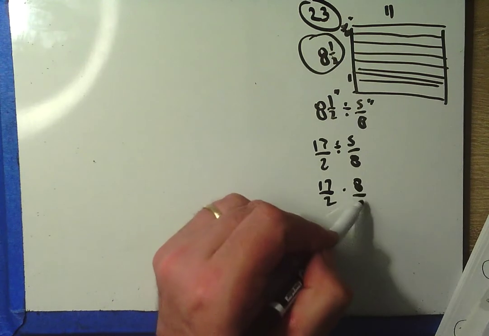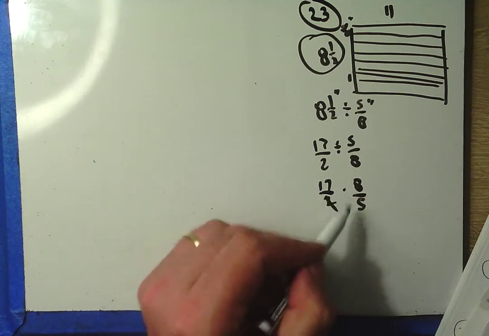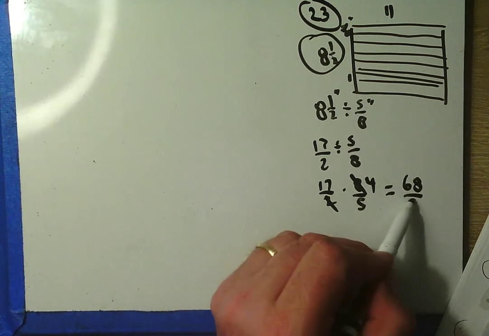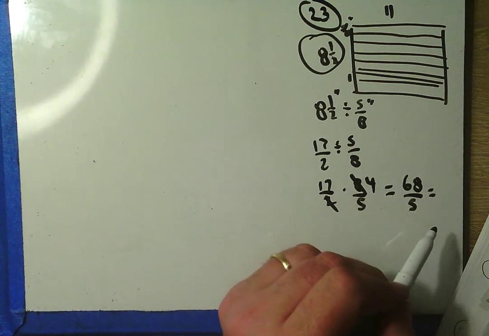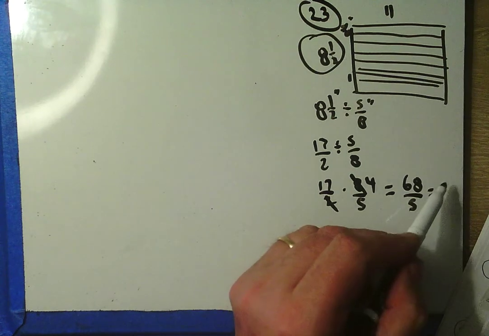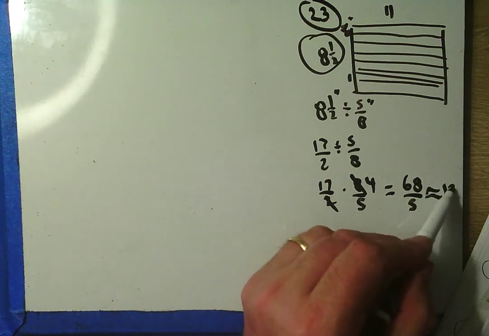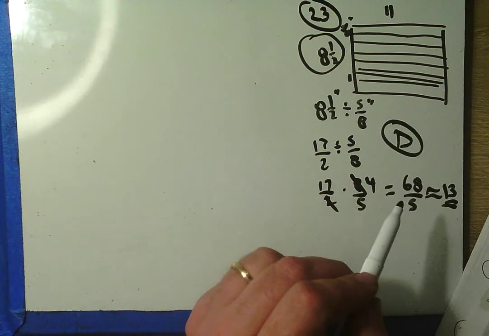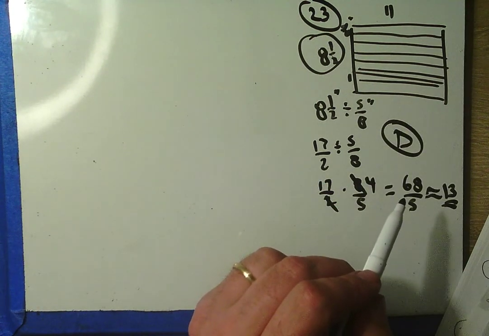So this will be 8 over 5. I can do some canceling on the diagonal. I get 68 over 5, which reduces to about 13 whole strips. And that corresponds to choice D. D is my answer there.